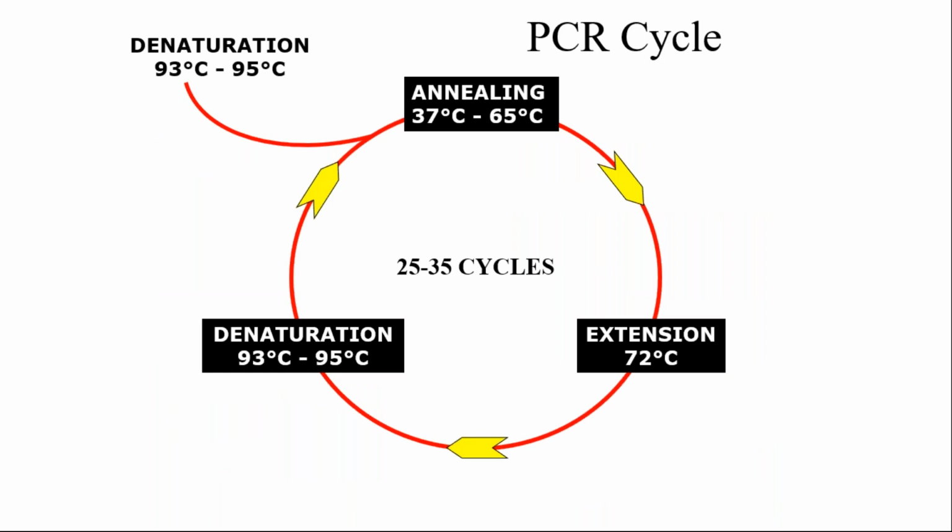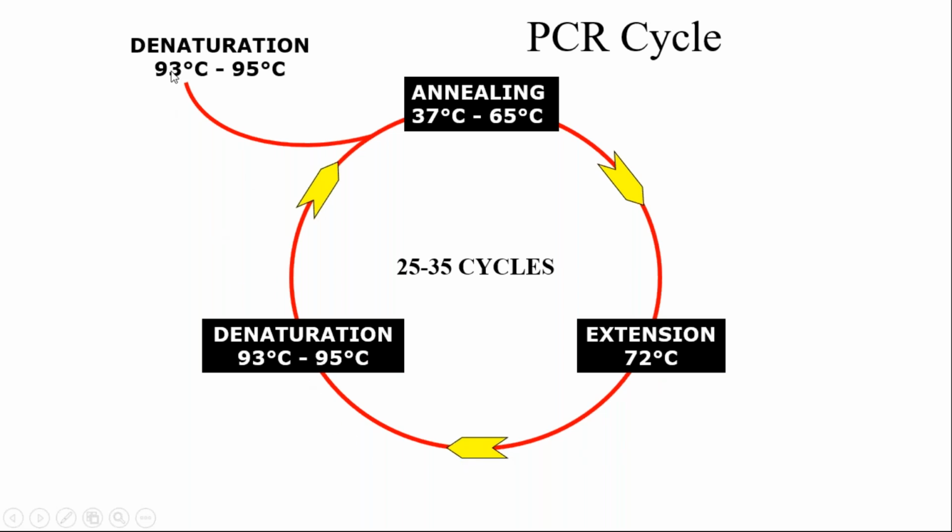So these cycles are repeated. So first the denaturation for the DNA strands to separate, then an annealing step for the primers to anneal, then an extension step, that is at the optimum temperature of the Taq polymerase at 72 for the strand to complete, and then again the next denaturation step takes place.